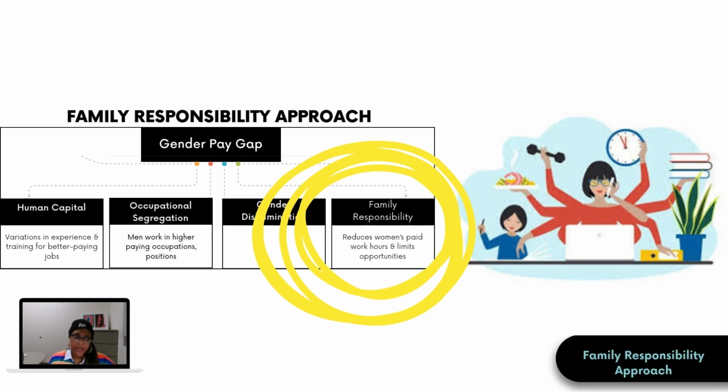And you probably won't be surprised to hear that in not one single country do men spend as much time in unpaid labor as women.